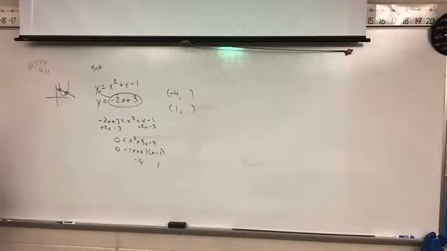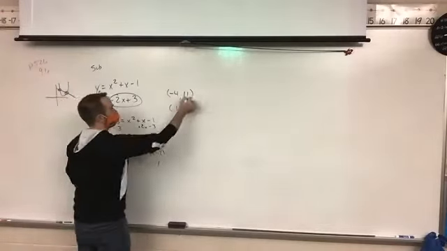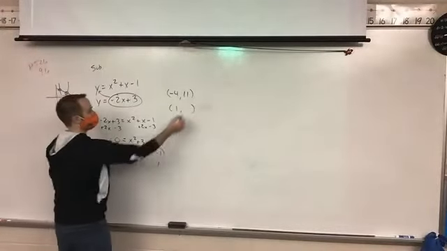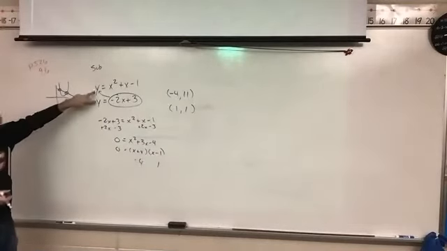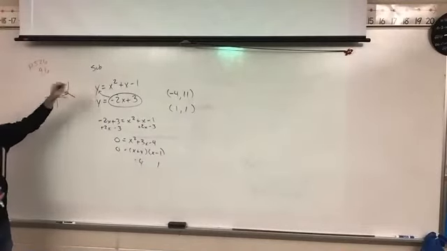I'm plugging in negative 4, what do I get? 11. Thank you. If I plug in a 1, what do I get? 1. So those are the two ordered pairs where these two graphs are going to cross. Negative 4 comma 11 and 1 comma 1.